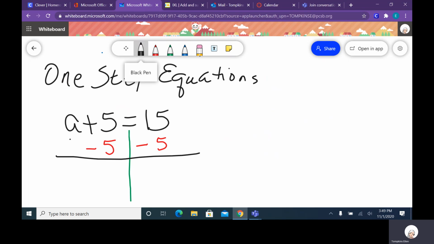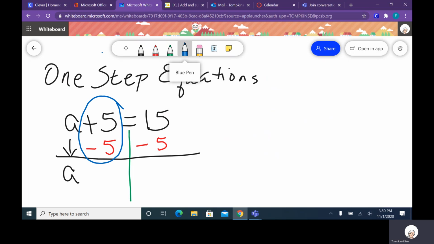When that happens, the a drops all the way down, and this becomes that identity number 0, so we don't need it anymore. So a is now by himself, and when 15 and negative 5 combine, you get 10. A equals 10.